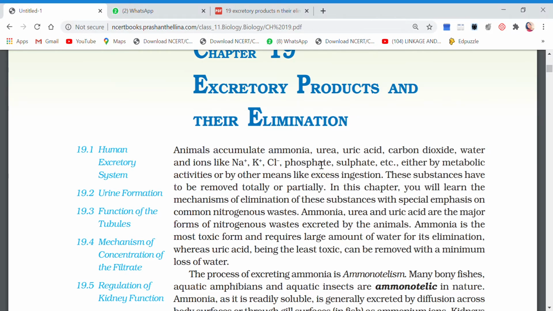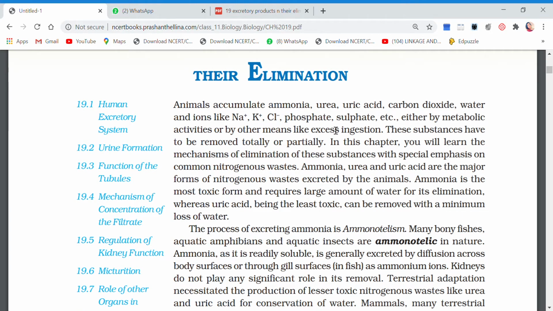That means these things can also be collected if we take them in large quantities, because the body will utilize only the amount that is required, and the extra amount, which is not used by the body, will be accumulated inside the body.